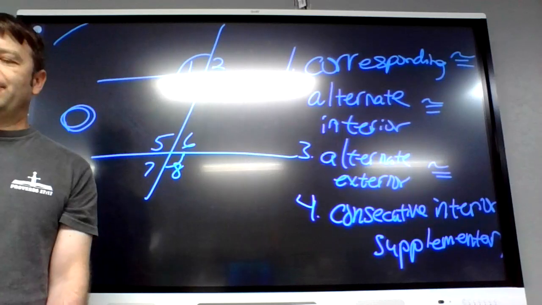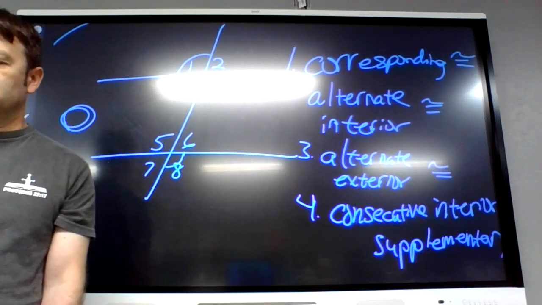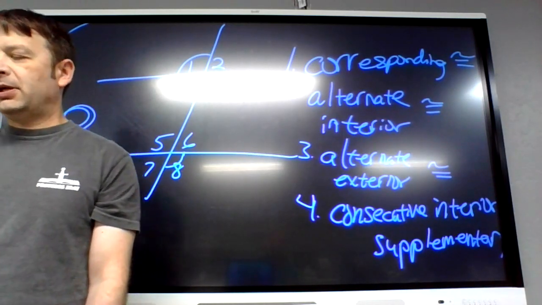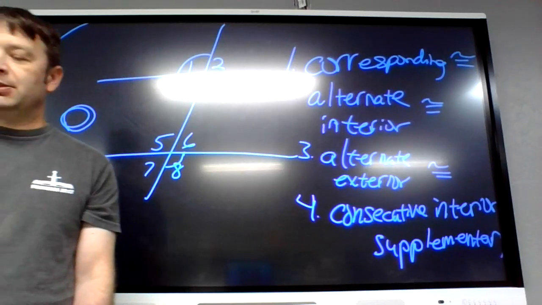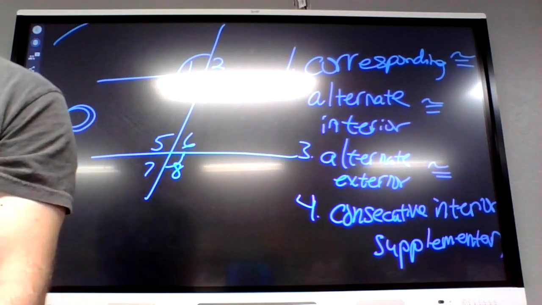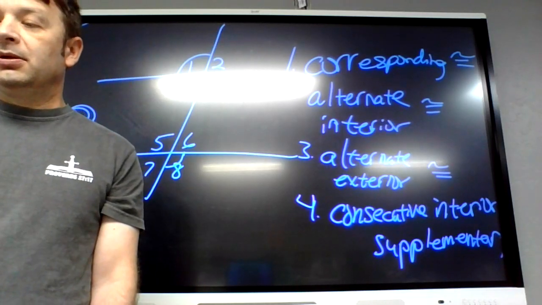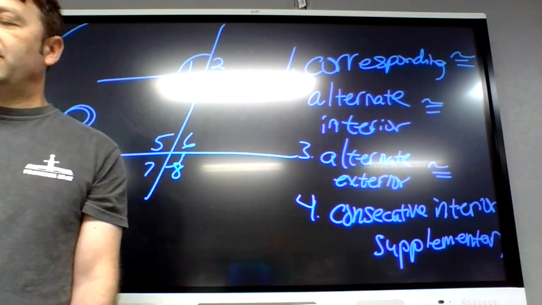Manny, number 5. Alternate interior angle. Correct. Alternate interior. They're on alternate sides of the transversal, and they're interior, they're inside the lines that look parallel.